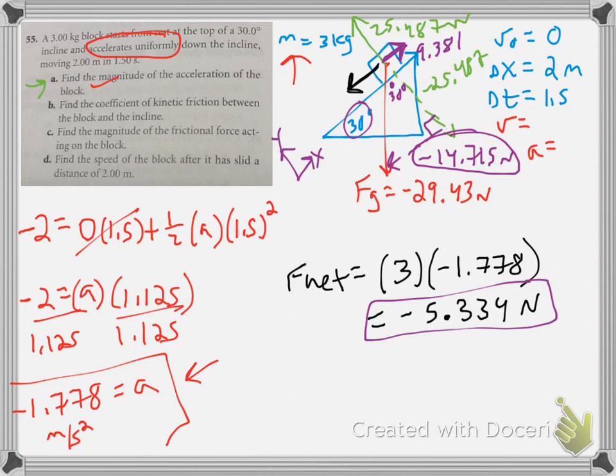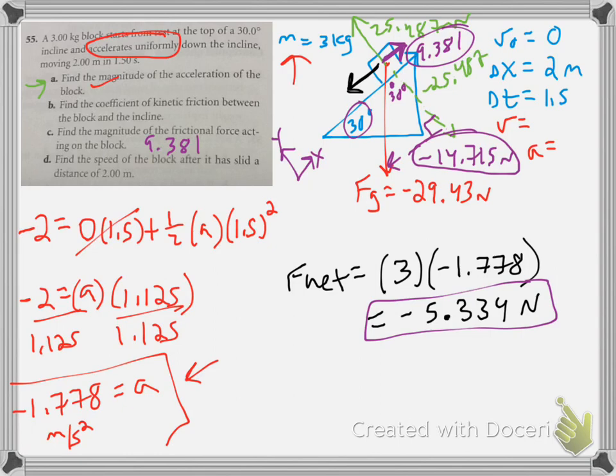And that force is what's needed to make a mass of 3 kilograms accelerate at a rate of 1.778 meters per second squared. And so this force right here, this 9.381 newtons, that is my force due to friction.